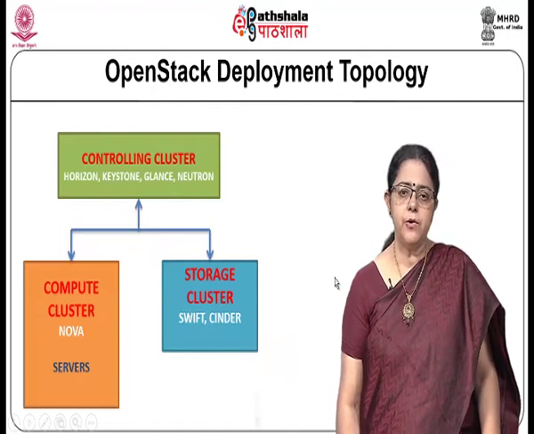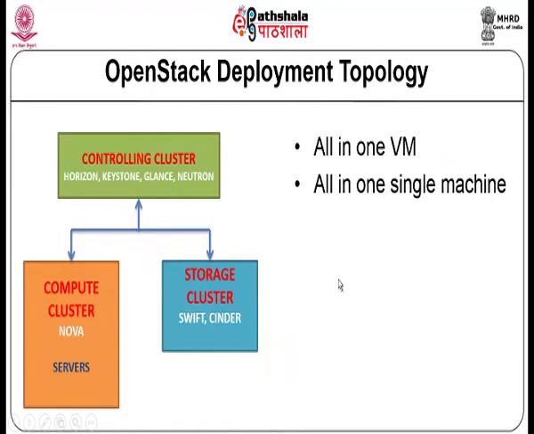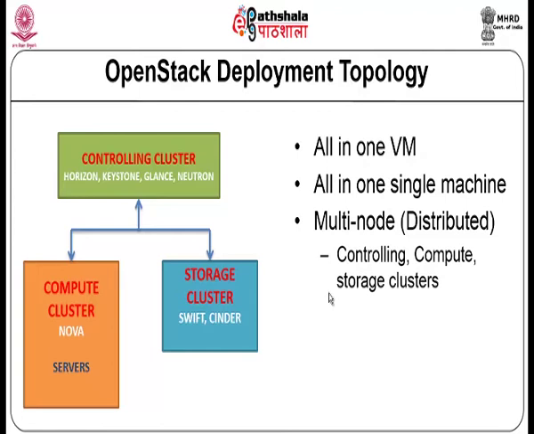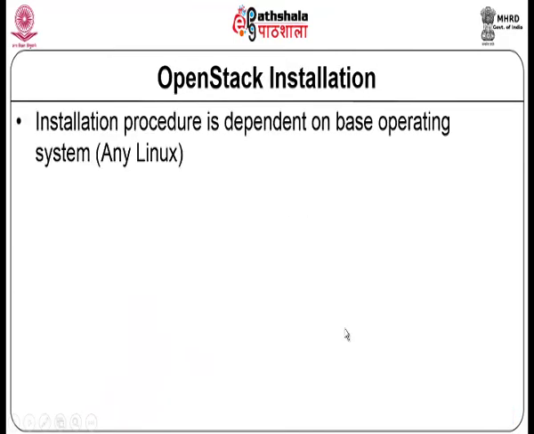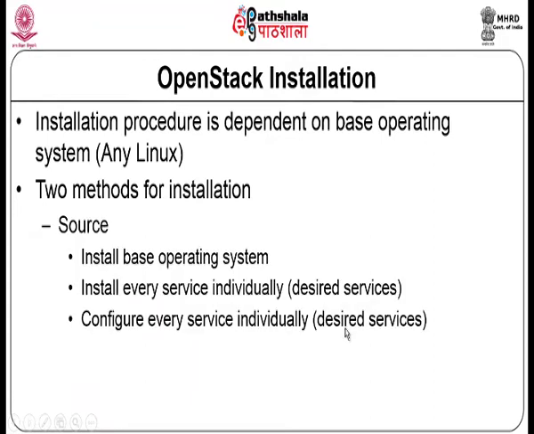How do I deploy OpenStack? I can deploy it in one single virtual machine of some environment. I can deploy it in one single physical machine, or I can deploy it in a distributed multiple node environment, the controlling compute and the storage clusters, both for high availability, that is HA, and disaster recovery, that is DR. So, these are the hardware and software requirements, and there are 2 ways that OpenStack can be installed.